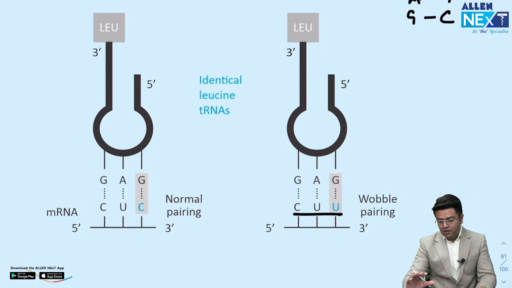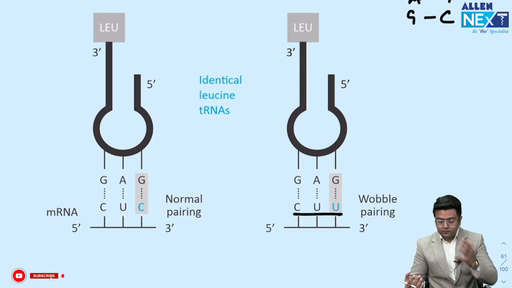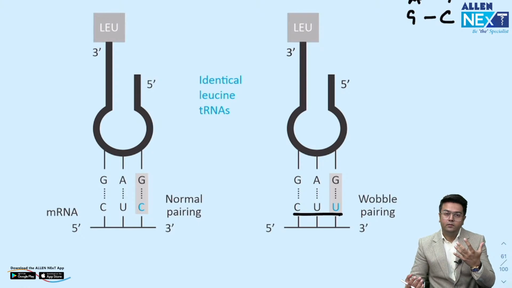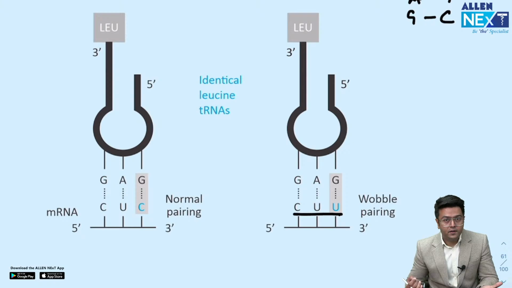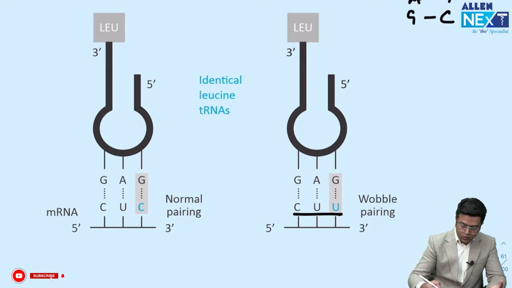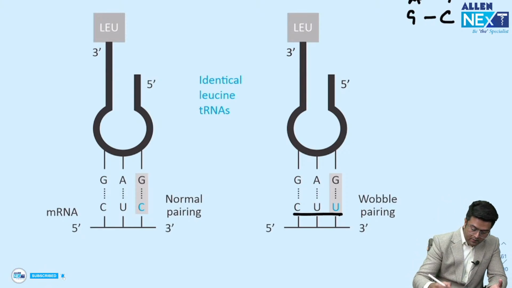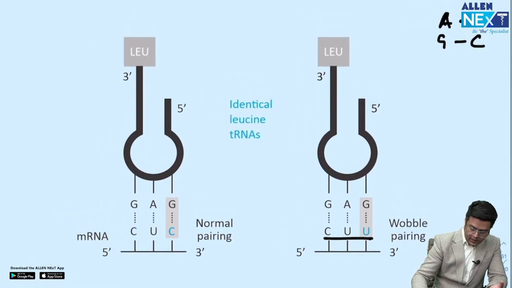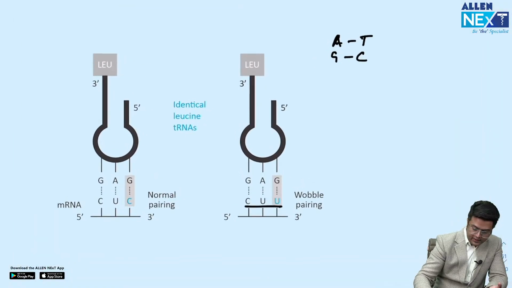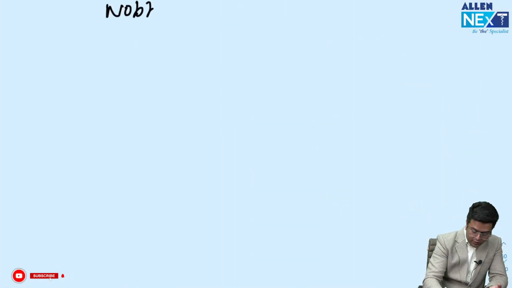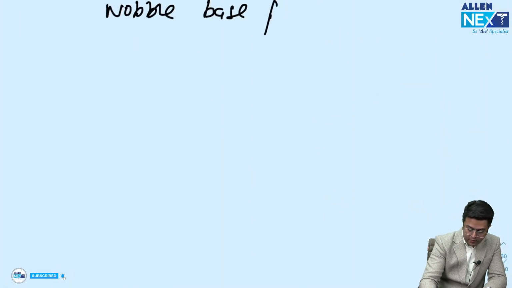But later on it was found that we have 64 codons for just, let's say, 20 amino acids, right? So this is due to imprecise base pairing at, see guys, wobbling occurs at, first of all, you should write this line: wobble base pairing, where does it occur?